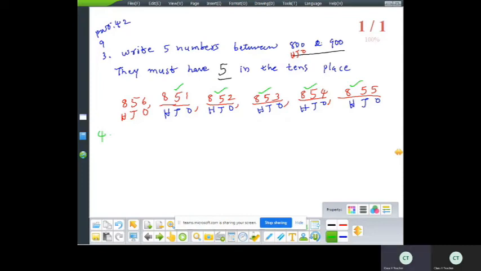See this example. We are given an example in question number 4. 885. This number lies in between which two numbers?